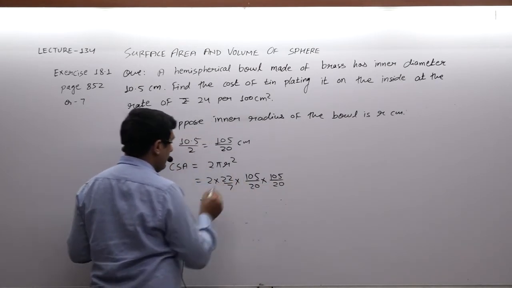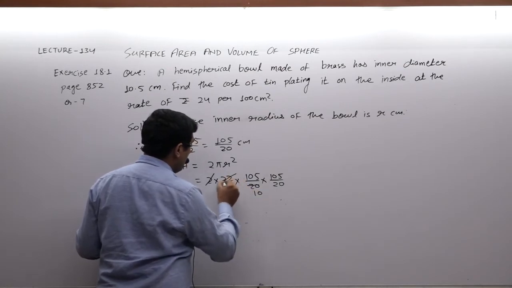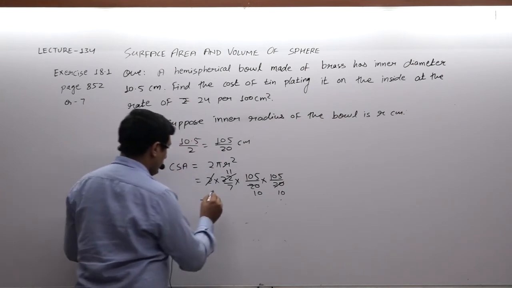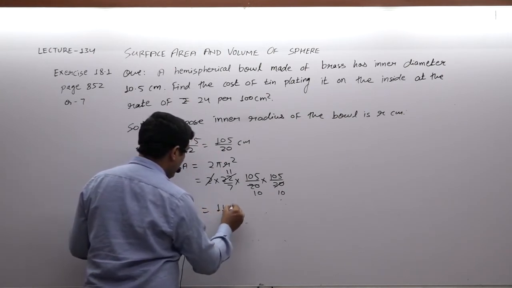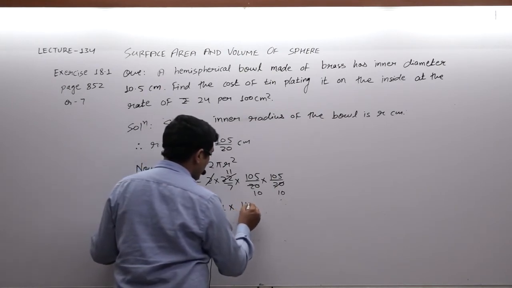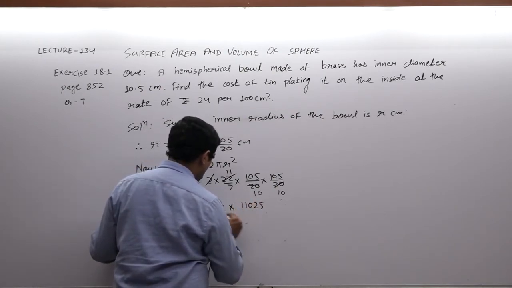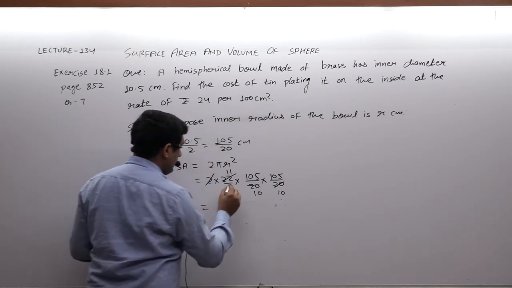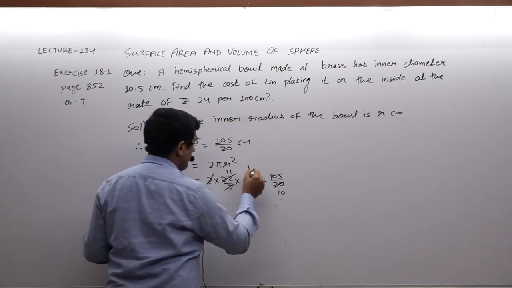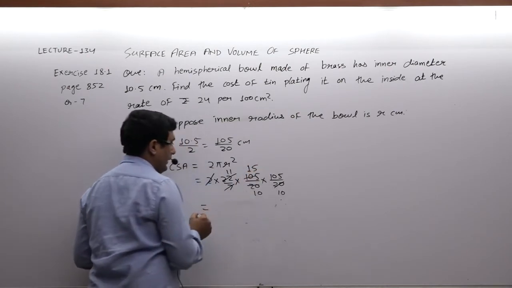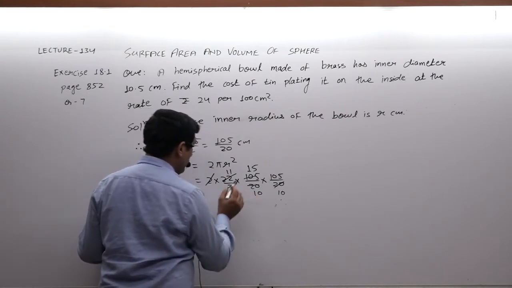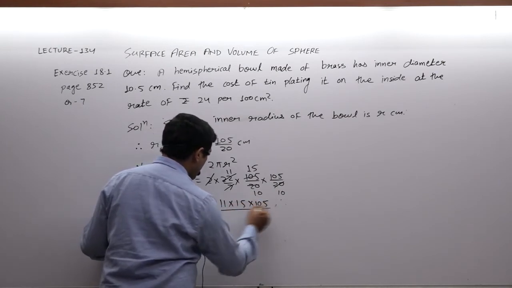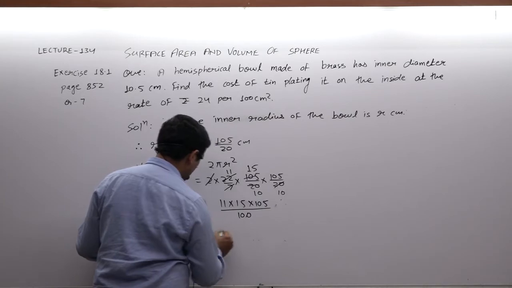So we can cancel 2 tens are here, 11 here, tens are. So in the numerator I have 11 multiplied by 15 multiplied by 105, divided by 10 into 10, that is 100. One thing more, I can cancel over here this 7 and this 105.